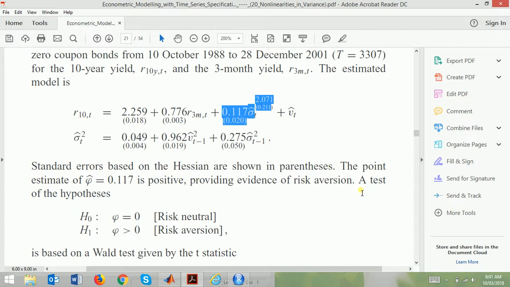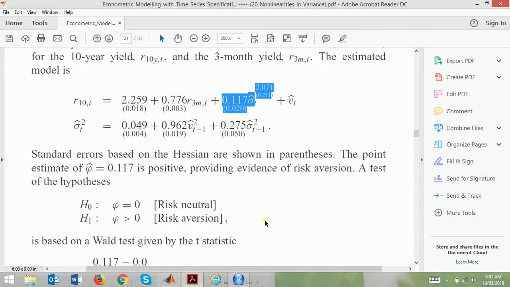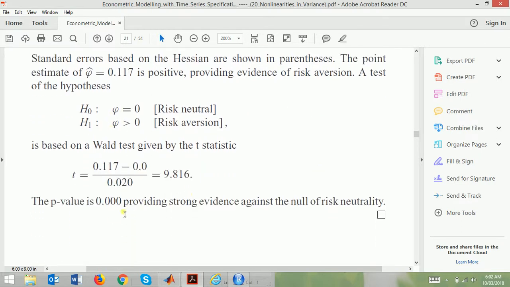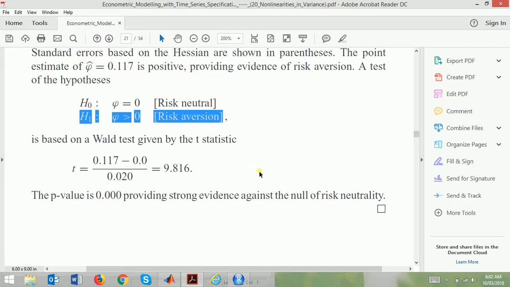A test of the hypothesis that the parameter equals 0 against greater than 0 is based on the Wald test. The p-value provides strong evidence against the null of risk neutrality. So we don't accept the null, we reject it. People are mostly risk averse, which is a good test indeed.